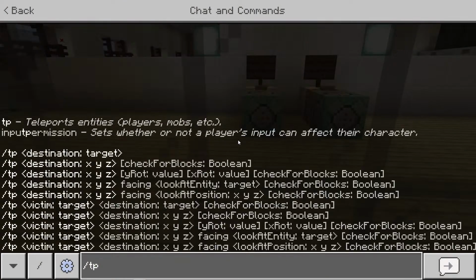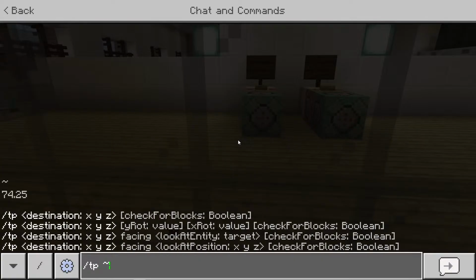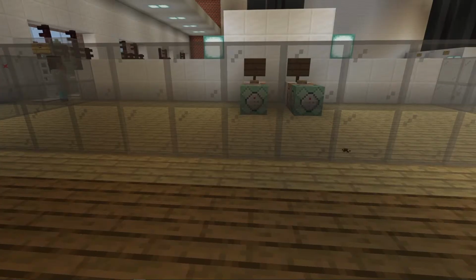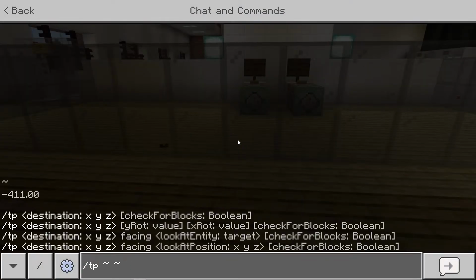So if we do TP, where are we right now? 7425, to, let's just make sure this works first. Let's say 76 and 76 and negative 412.